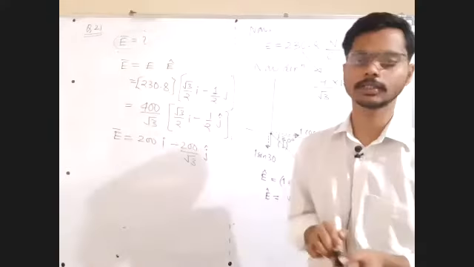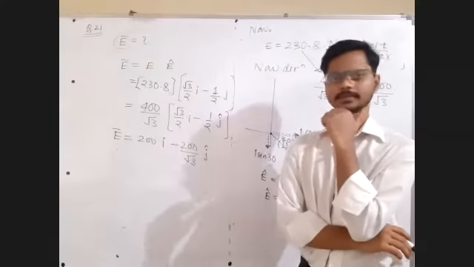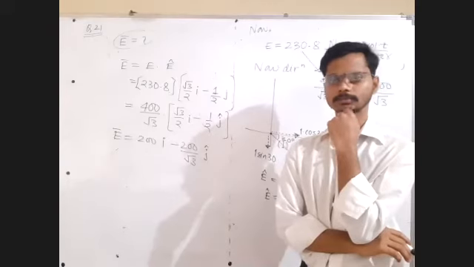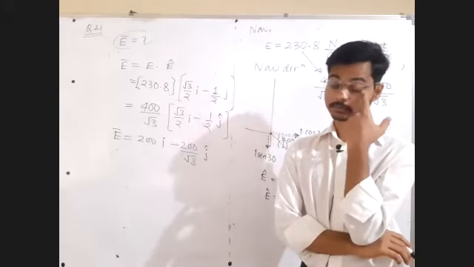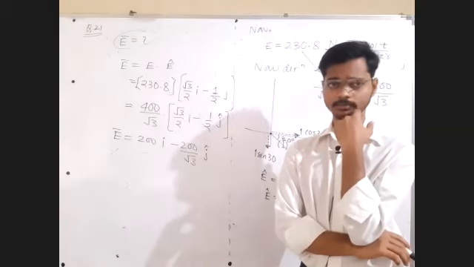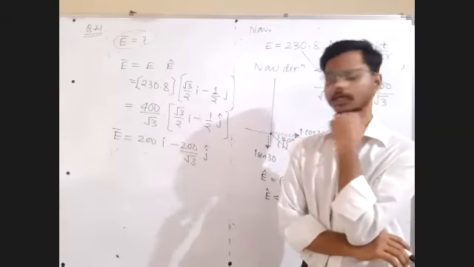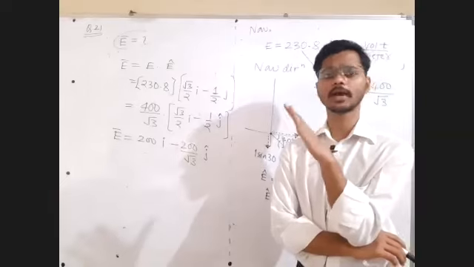Now I am looking at the chat box. See whether the type of question is clear. Very good. There should not be any doubt in such kind of questions. First, deal with the magnitude.